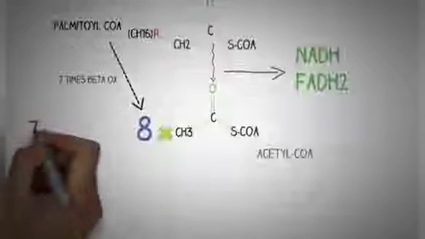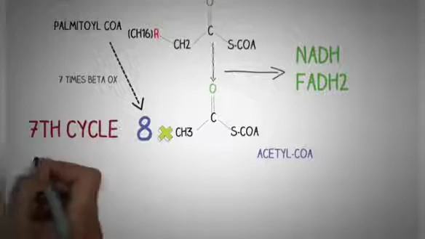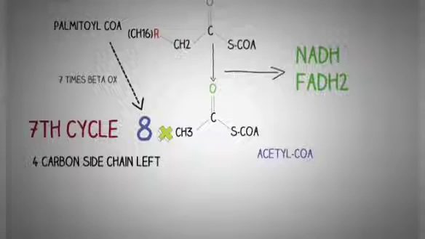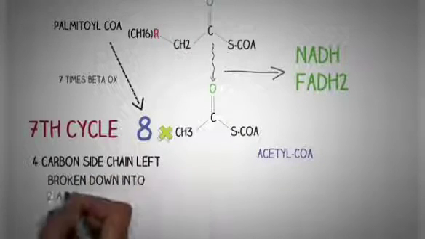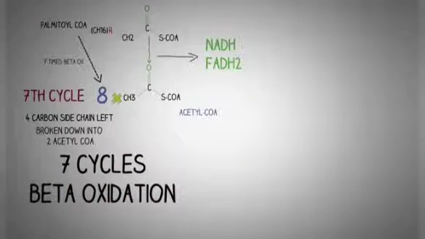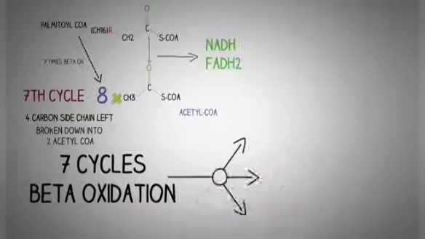During the 7th cycle of the beta oxidation, a 4 carbon side chain is left which is completely broken down into 2 molecules of acetyl-CoA. So after 7 cycles of beta oxidation, we have the following products.